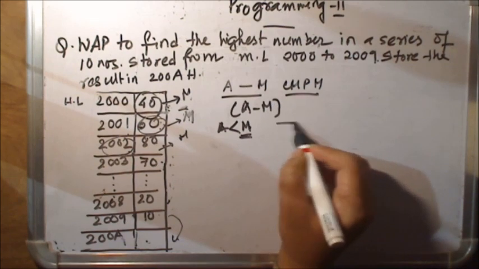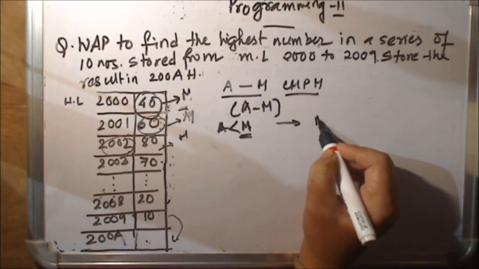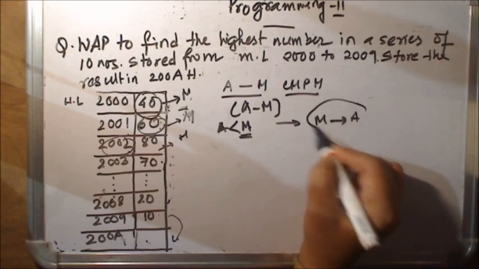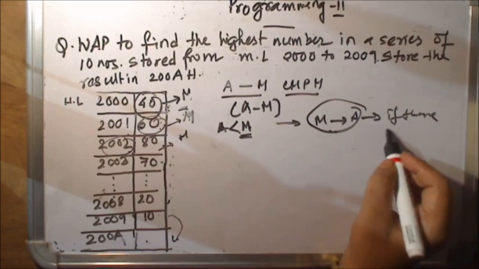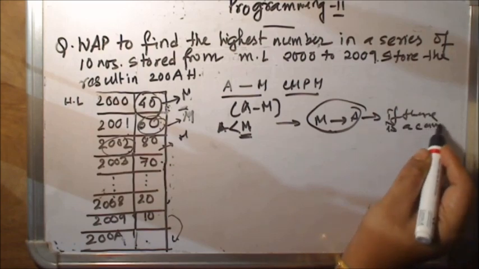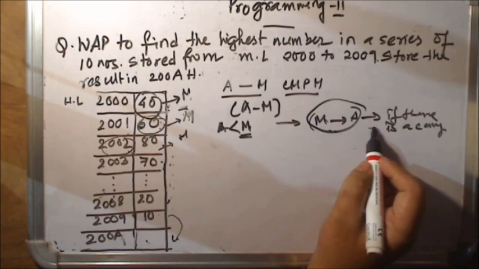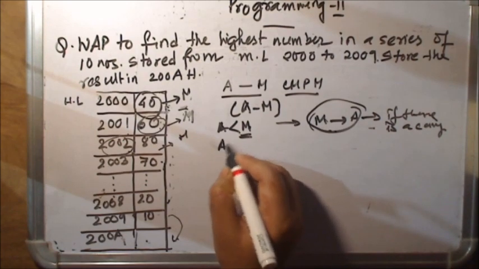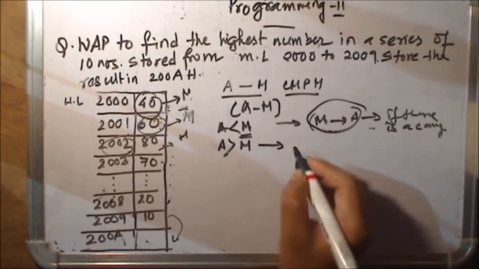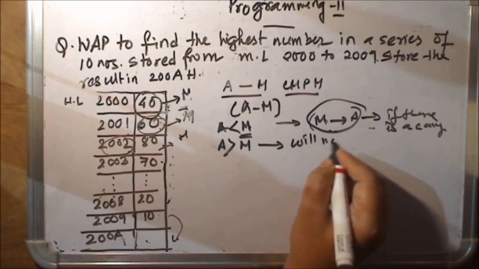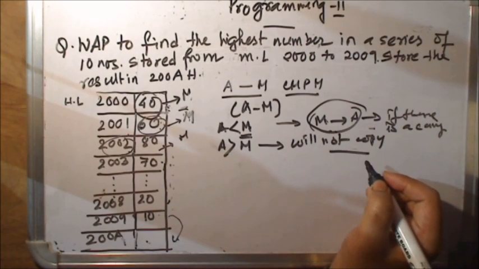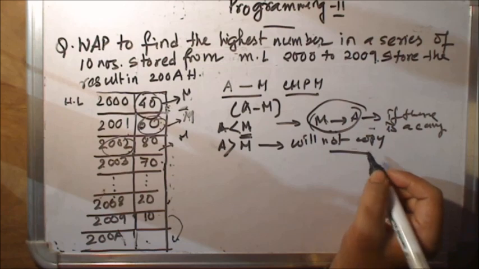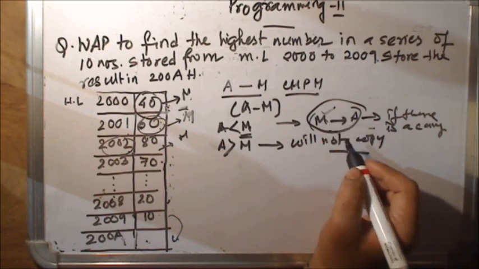So we will copy that number from M to A, only if there is a carry. But if there is no carry, that is if A is greater than M, then we will not copy. Understood? We will skip this step if there is no carry.